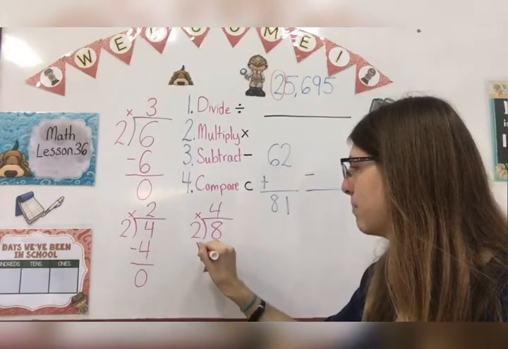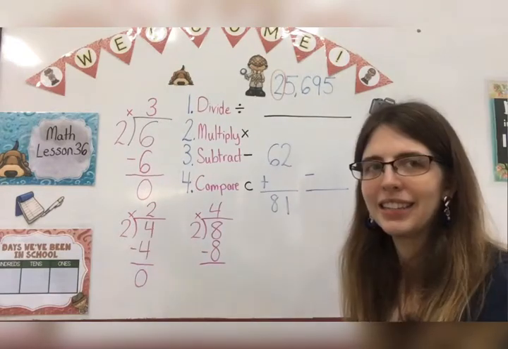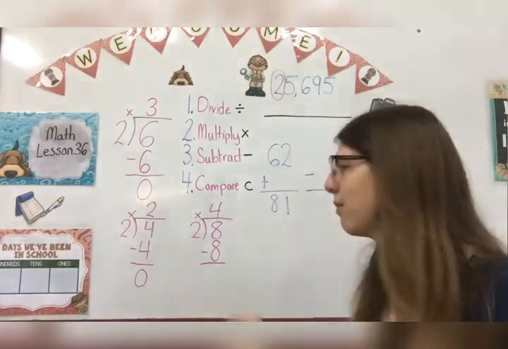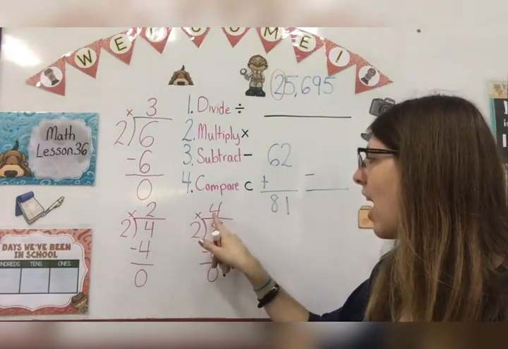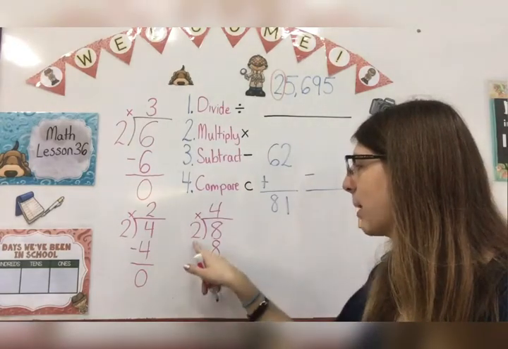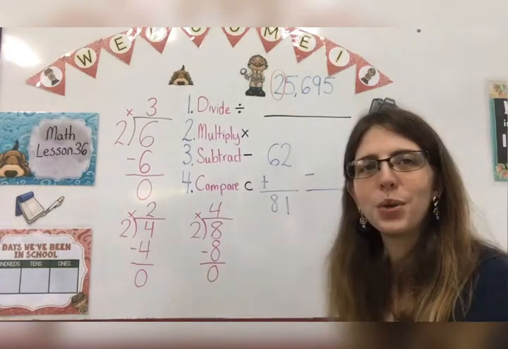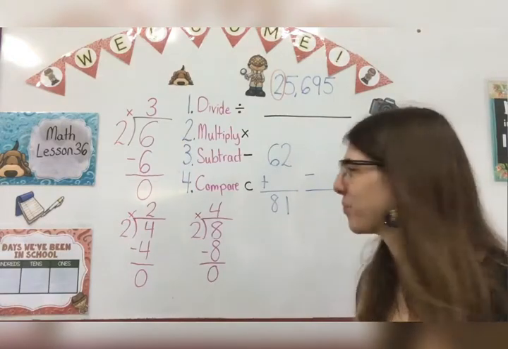I write it right below my other 8. 8 minus 8 is 0. So I divided, I multiplied, I subtracted. Now I will compare. Is 0 less than 2? Yes, it is. So I'm good to go.